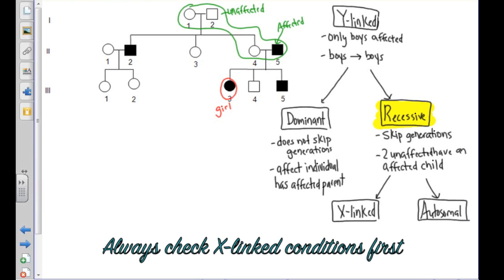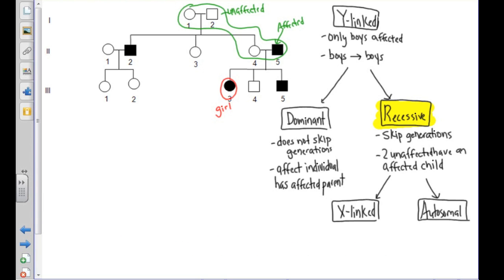Don't forget, it's always easier to determine if a trait is X-linked compared to autosomal because X-linked traits have very specific characteristics. If a trait is X-linked recessive, don't forget that more boys than girls are usually affected. And the second rule is that an affected mom has to have affected sons as well as an affected dad.